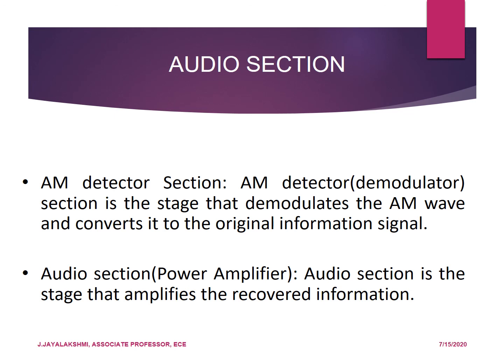So you need sufficient amplification, and this signal is fed to the loudspeaker, where the loudspeaker once again acts as a transducer which converts the electrical signal to the audio or the speech. So this is how your superheterodyne receiver works in almost all audio receivers. Thank you.